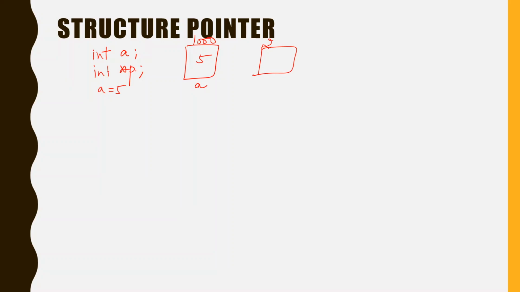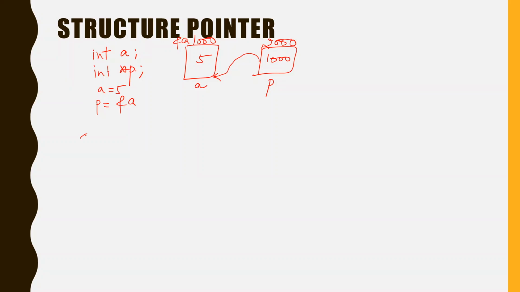Then there is p. The p would have address 2000, and its name is p. And when you assign p equals &a, it starts pointing to a. So this pointer is used to point to a.